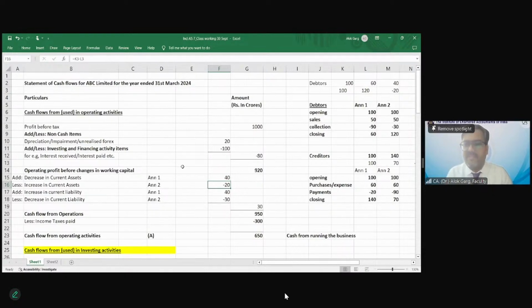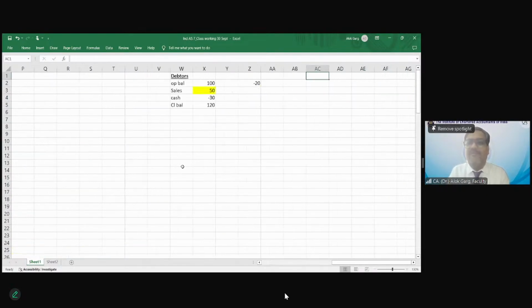Sir, can you please explain the logic of 20? Yes, I have just explained the logic. Let's say you have the opening balance of debtor of 100 rupees. It means I made credit sales till last year and I have to receive 100 rupees from my debtors, correct?